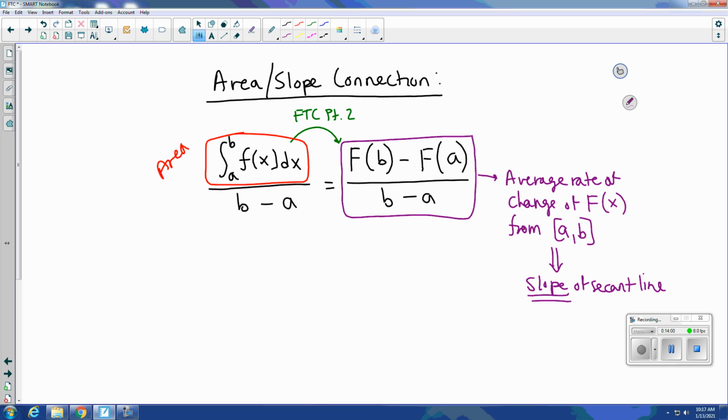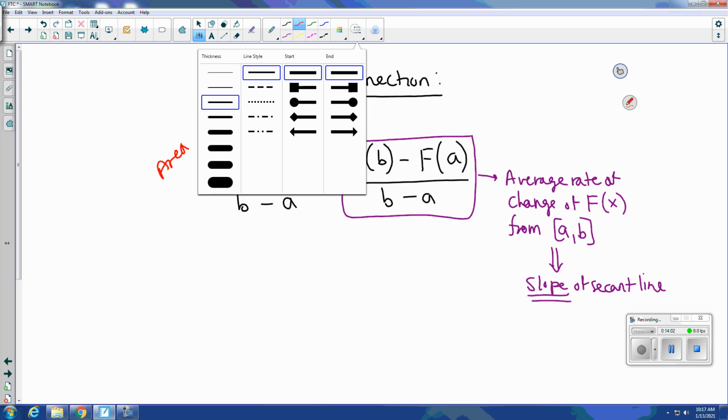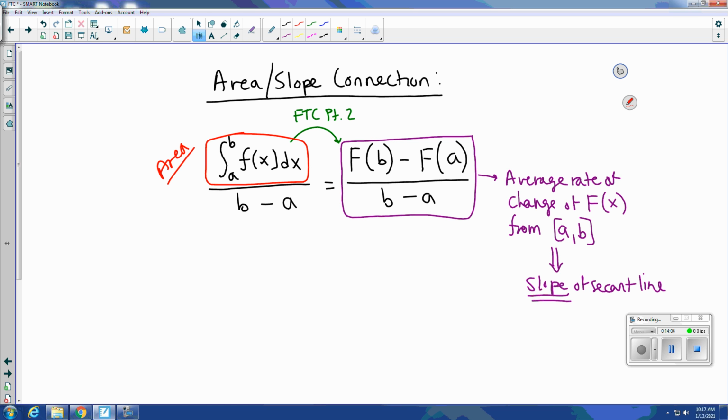So we have a connection between slope and area, all coming from our derivation of average value and what we know about the fundamental theorem of calculus part 2 and how we evaluate integrals using antiderivatives.